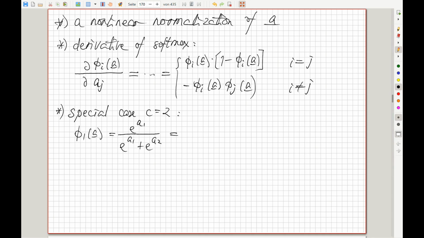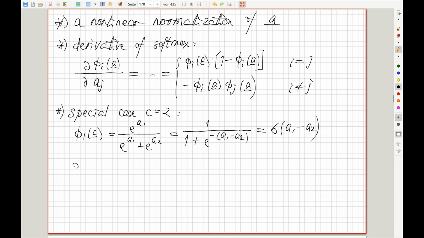I can divide the numerator and the denominator by the numerator in order to force the value 1 in the numerator. 1 plus the exponential of a2 minus a1, in the denominator. It's the equivalent formulation. And this formula is well known to us. This is nothing else than the sigmoid activation function, now with the input a1 minus a2. So the softmax calculation can be computed easily by using the sigmoid activation function.